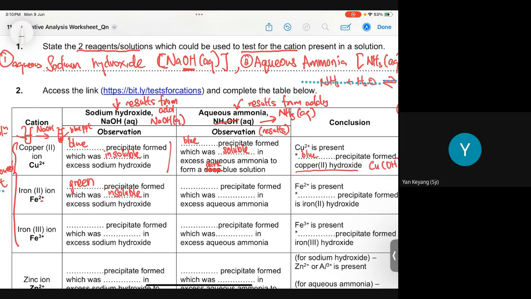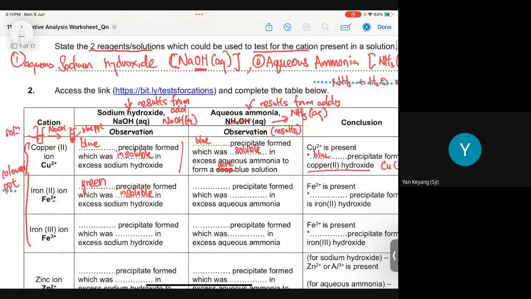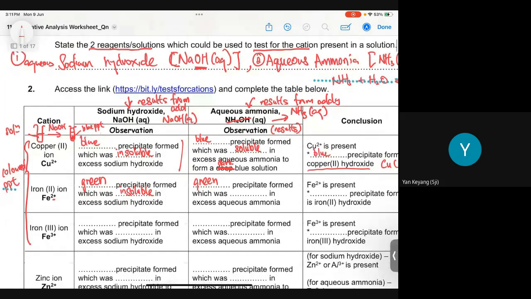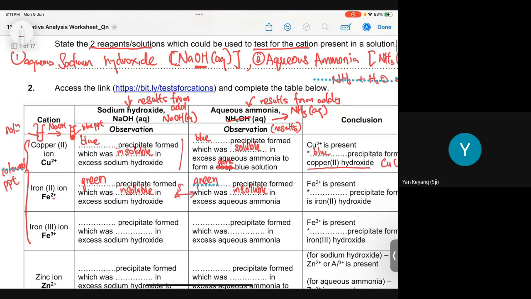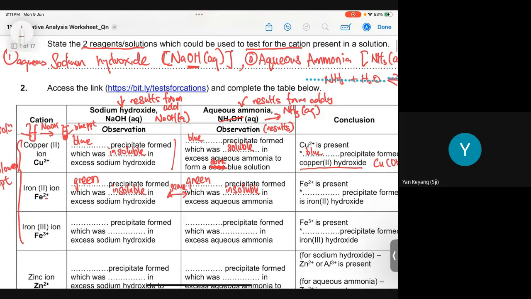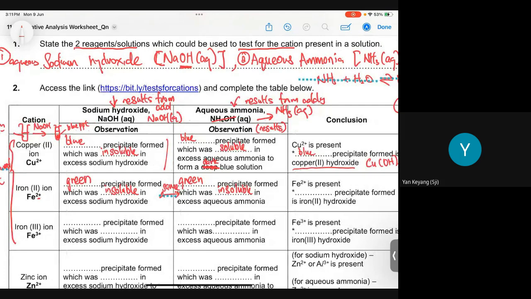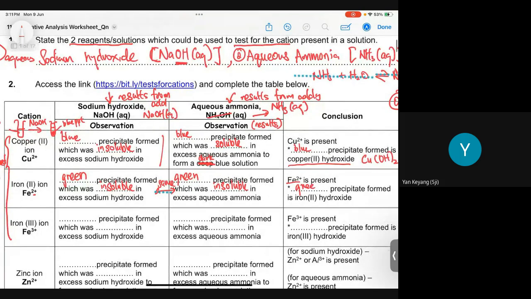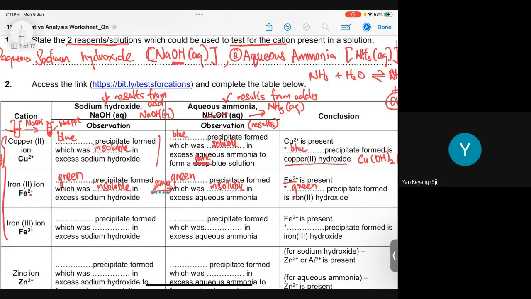And for aqueous ammonia, those of you who remember in the practical, this is also a green precipitate, and it is also insoluble in aqueous ammonia. So you realize the results here are the same. You can conclude once you see the green precipitate that Fe2+ is present. Why? Because the green precipitate formed is actually iron 2 hydroxide.